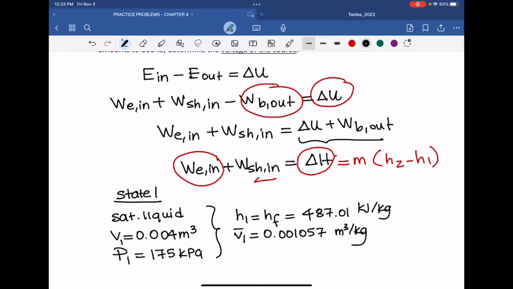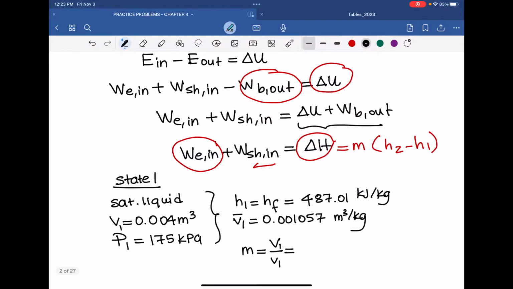Okay, now next thing is you might realize that you have to calculate the mass, and you can do it because they give you the mass and the specific volume is something we figured out from the tables, and we can use this relation to figure out what is the mass.